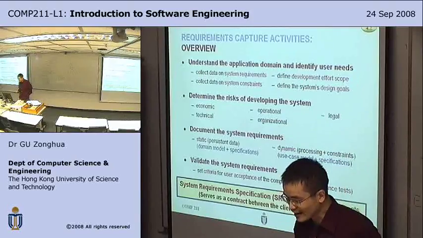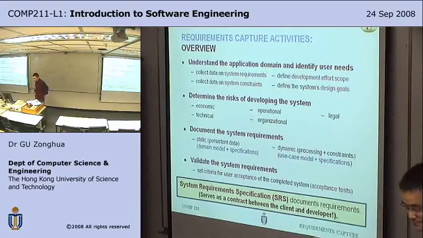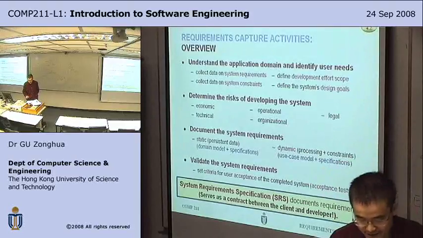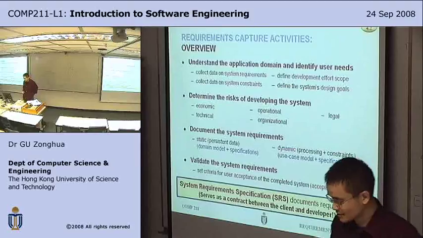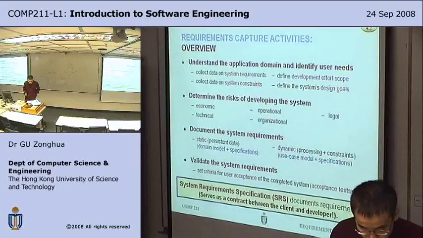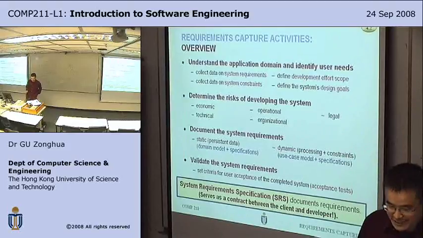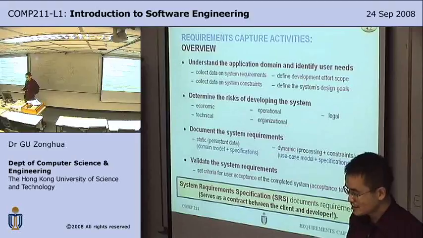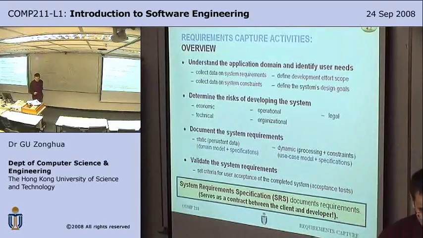Determine the risks of developing the system. That is a risk analysis, including economic risks. That is, weigh the development cost versus the ultimate benefit. That's the business case. Operational risks. That is, determine if you can implement the solution, which may depend on the availability of skills in the organization, and among the users also, if the users are computer savvy enough to operate the system.